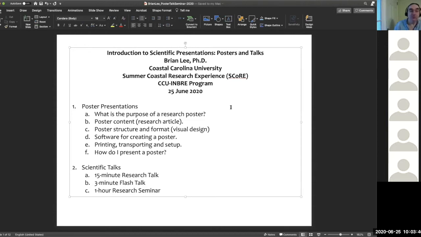And then we'll talk a little bit about presenting a poster, which leads right into giving a research talk. In a research talk, we'll go over giving a 15-minute research talk, and then introduce you to this idea of doing a 3-minute flash talk, which might be the first research talk you give, because it is common for flash talks to be used as an advertisement for a poster.